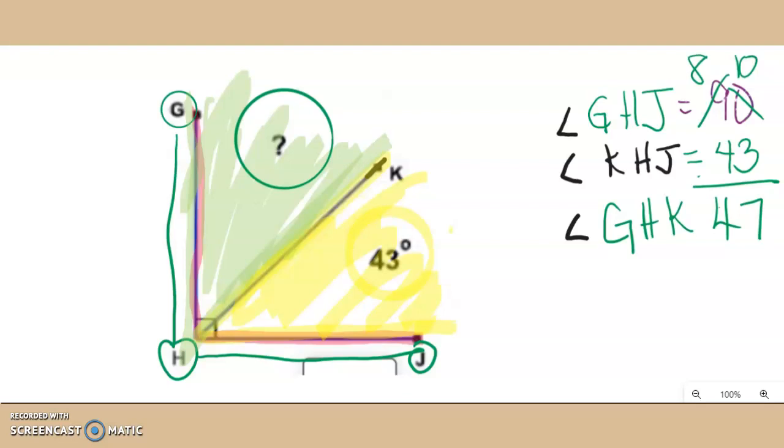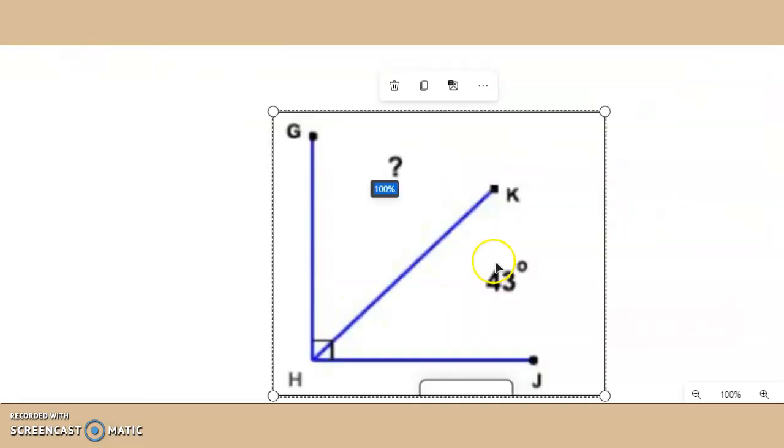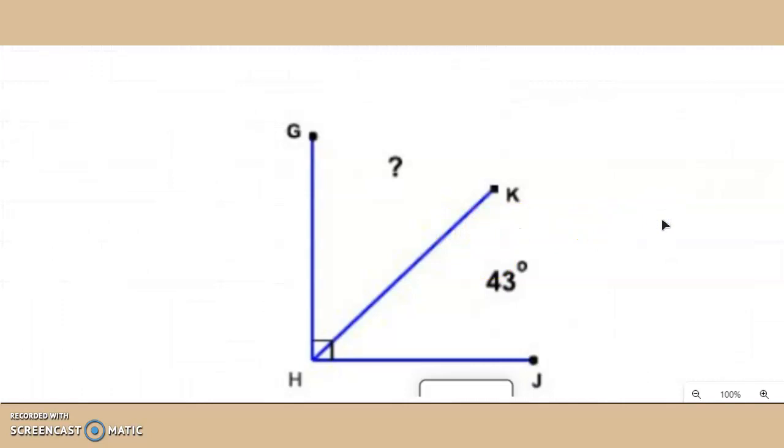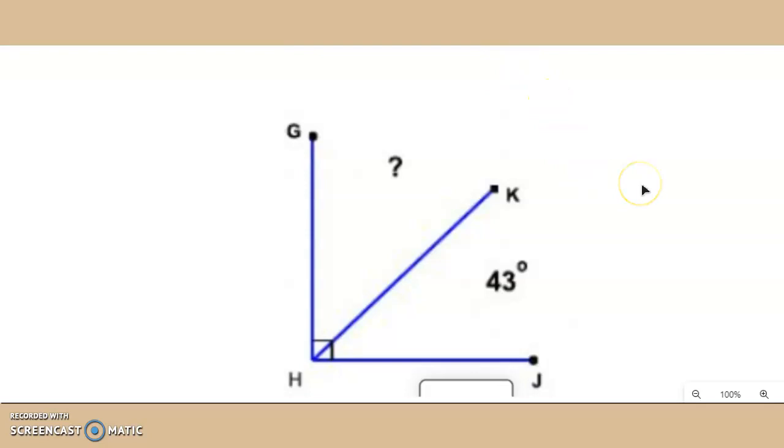So what you are going to do is you're actually just going to find the angles for me. Because I think you have to identify all the angles of a shape before you do anything else. So I'm going to have you click on different pieces of an angle.